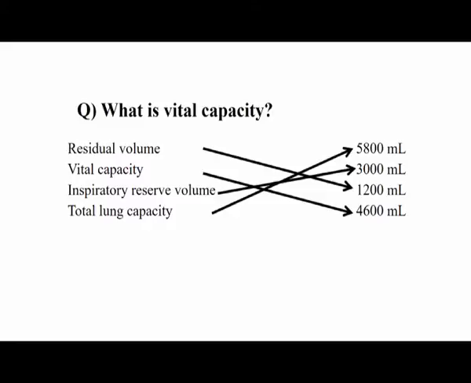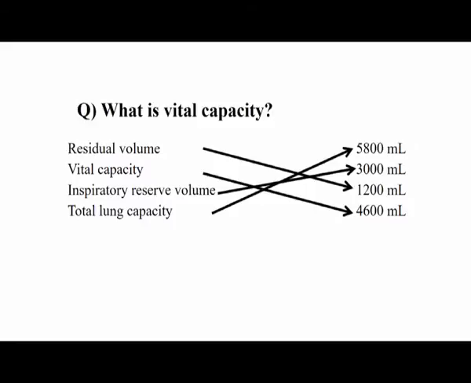One can nicely match them: residual volume is approximately 1200 ml, as we discussed. Vital capacity is approximately 4600. Inspiratory reserve volume is approximately 3000, that is above the normal tidal volume, and total lung capacity is approximately 5800 ml.